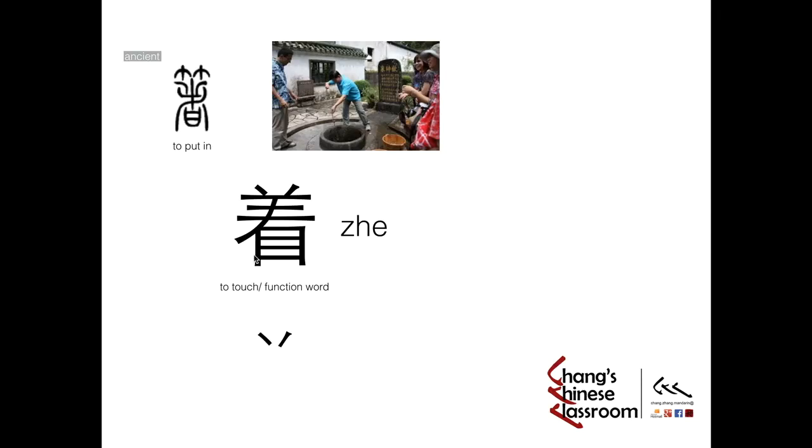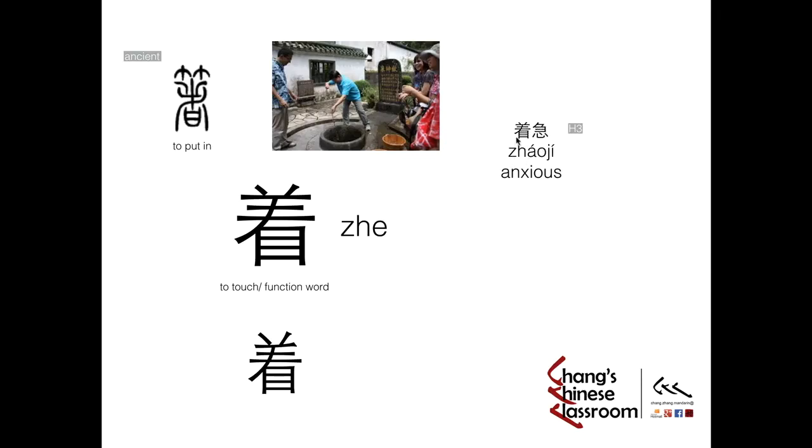Alright, so for the modern Chinese character, the upper part you could imagine as the symbol of two hands, and the lower part is actually the Chinese character 看, to look. So when you put in something, you grab it with your hand and you just focus on the object. So two hands on 看, that's 这. Vocabulary 着急. Pay attention to the pronunciation. 急 means your nerve.